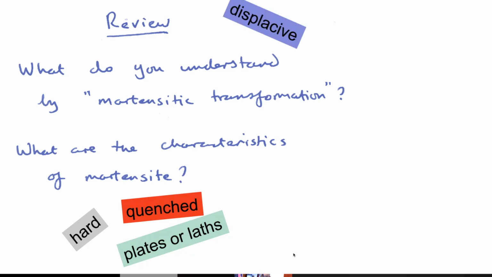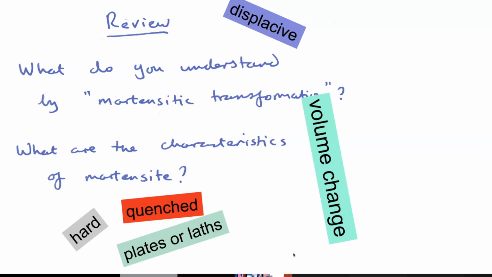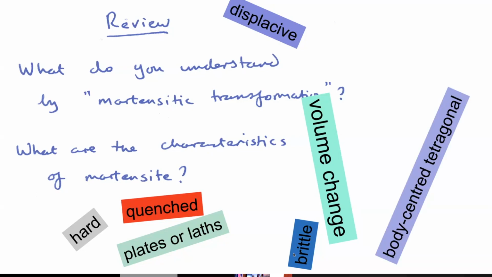That it's displacive. Many people know that it involves a large shear deformation. They will say there's a volume change because the density of austenite is different from that of martensite. And that martensite is brittle. That is a common thing that second-year undergraduates might perceive.